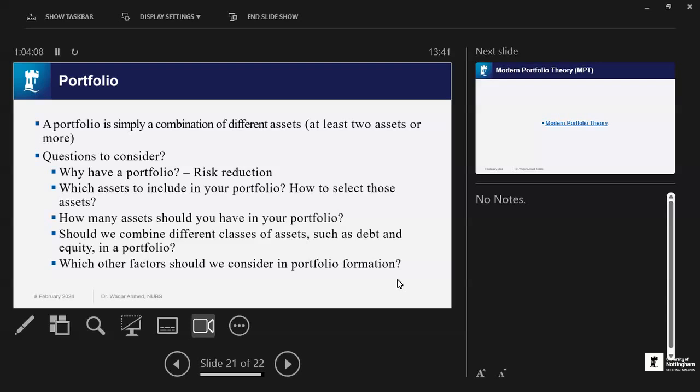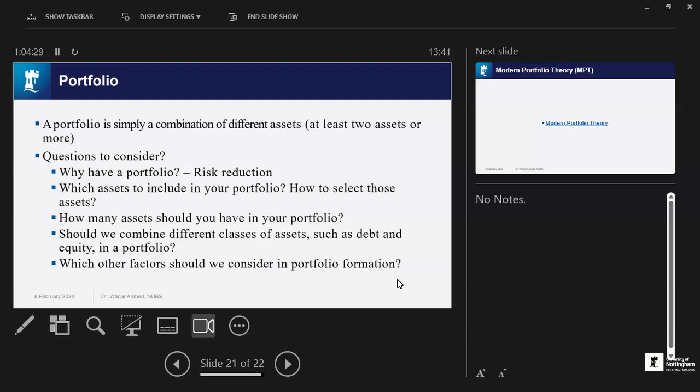We need to know the timing of those cash flows. And the last factor that we need to know is the appropriate required rate of return for that asset. As long as we have these pieces of information, we can determine the value of any stock or any asset.